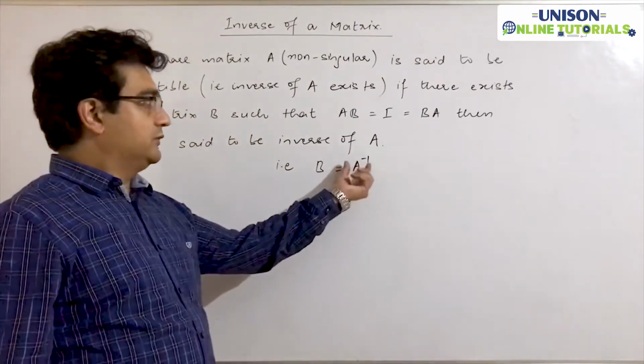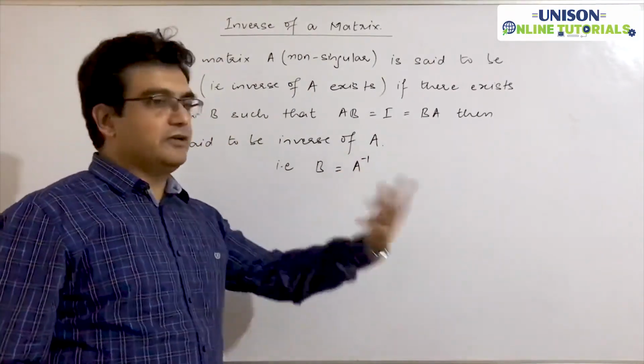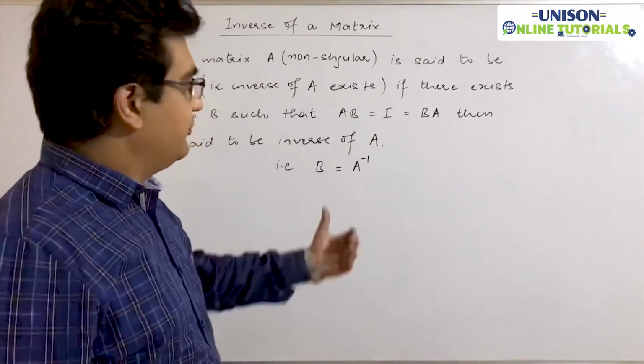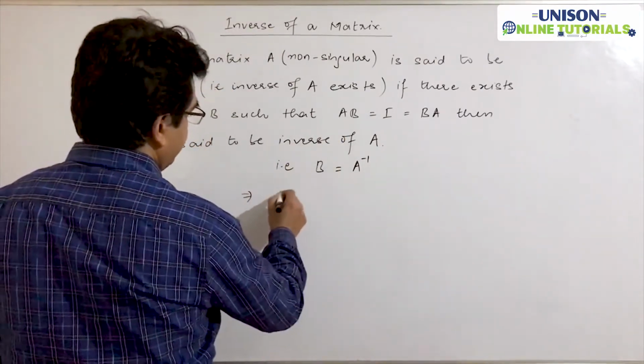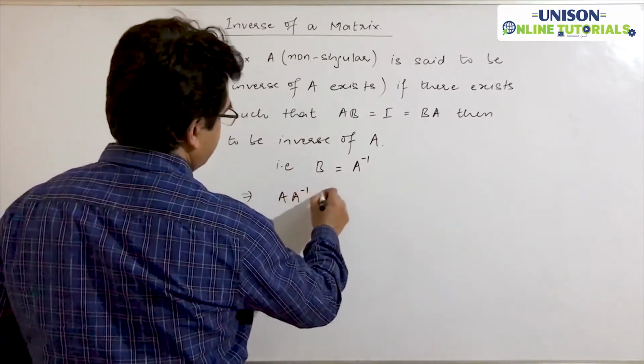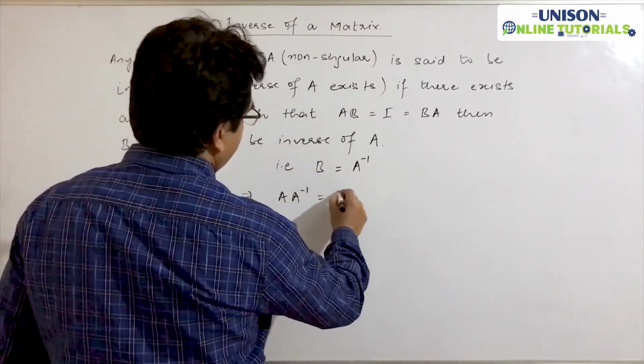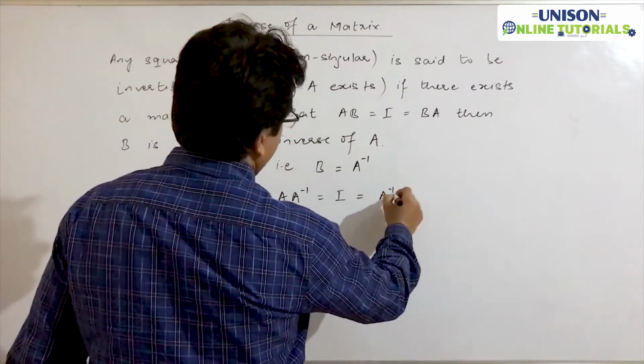So A inverse means reciprocal of the matrix, which implies A into A inverse is equal to I, which is equal to A inverse into A.